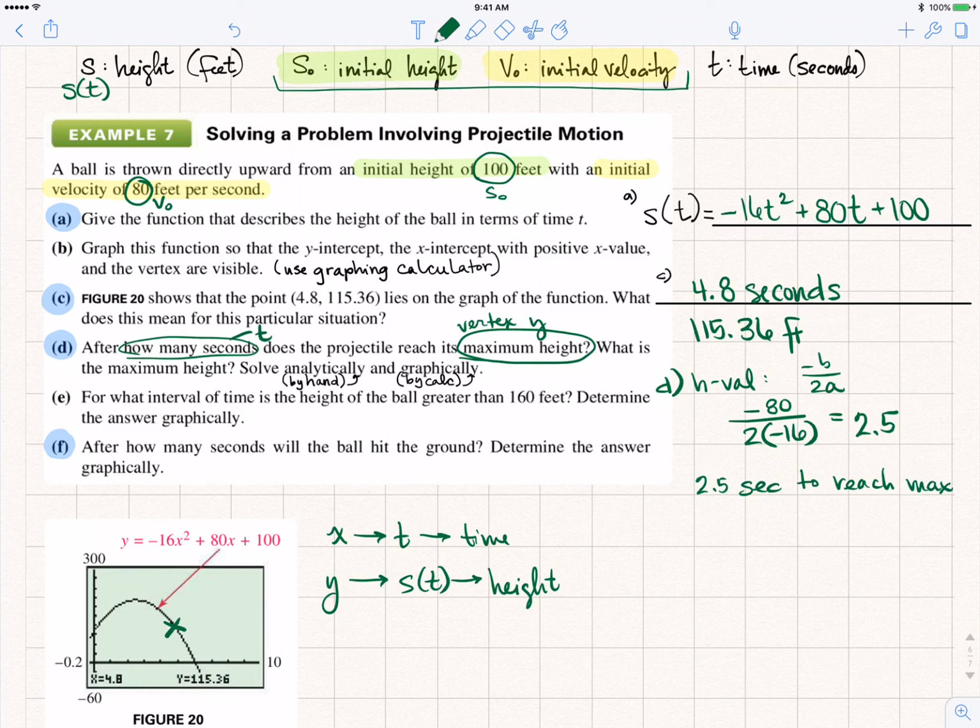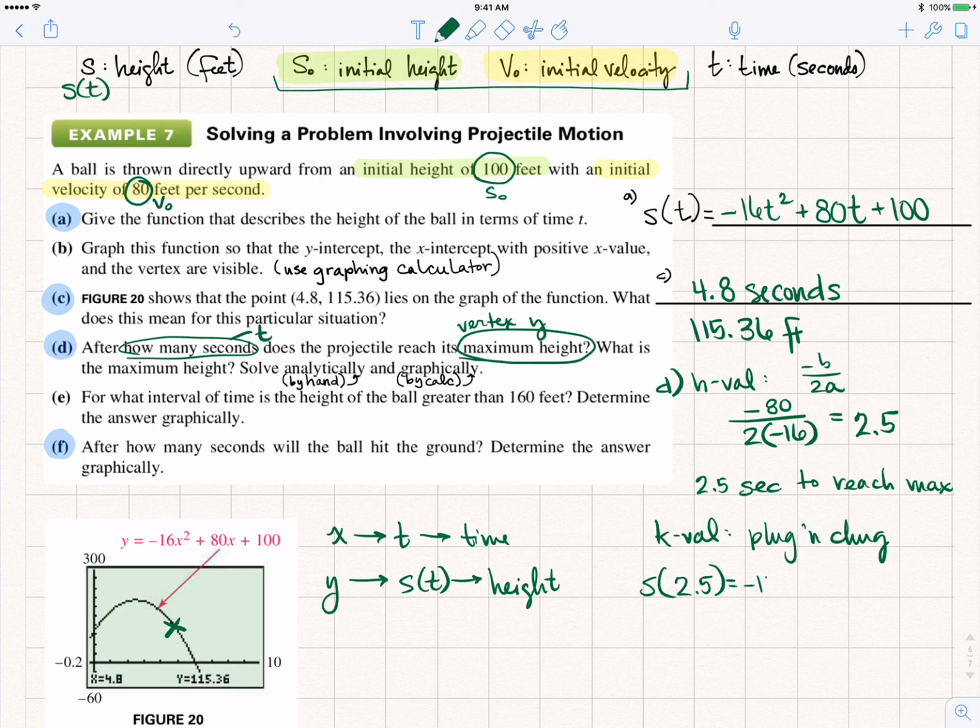But keep reading, there's more on this question. What is the maximum height? How high does this thing go? Well, you remember in order to find the k value, we talked about this last class period, you just simply need to plug and chug. So we want to find s of, not s of t, but s of 2.5.